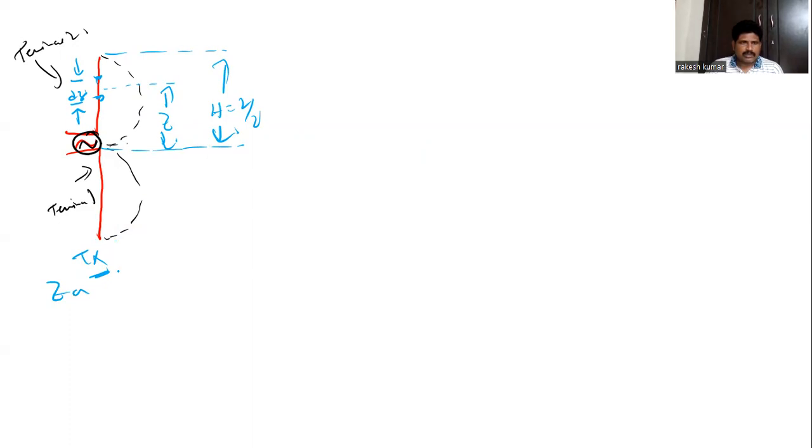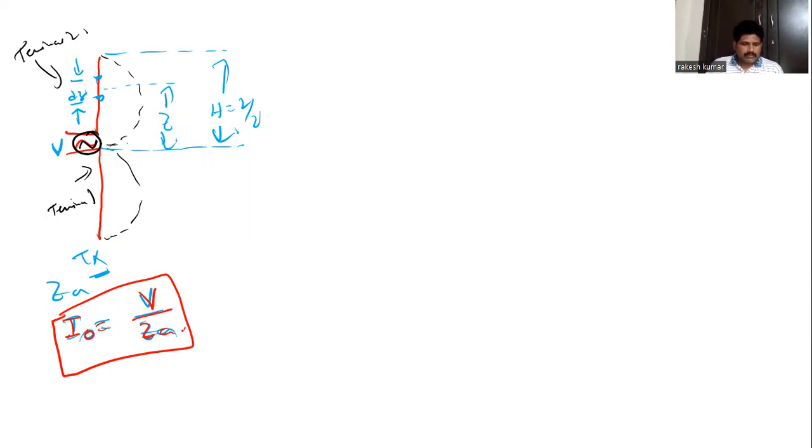Assuming that you are applying the voltage V at the antenna terminals, the current produced at the antenna terminals is given as I naught is equal to V by ZA.